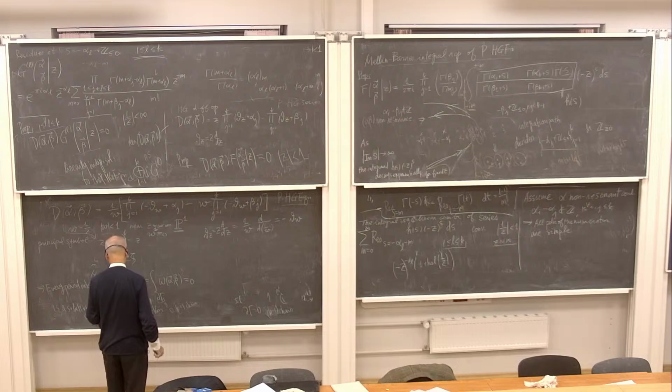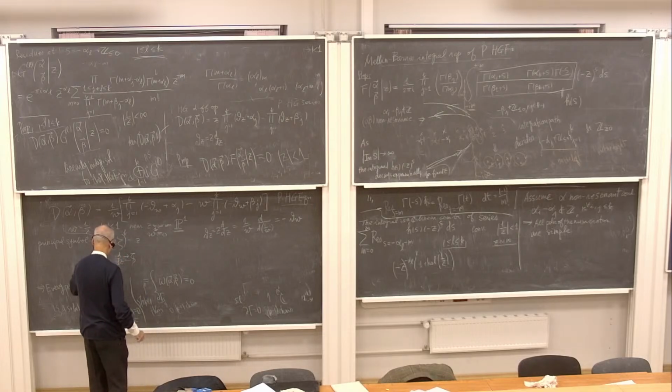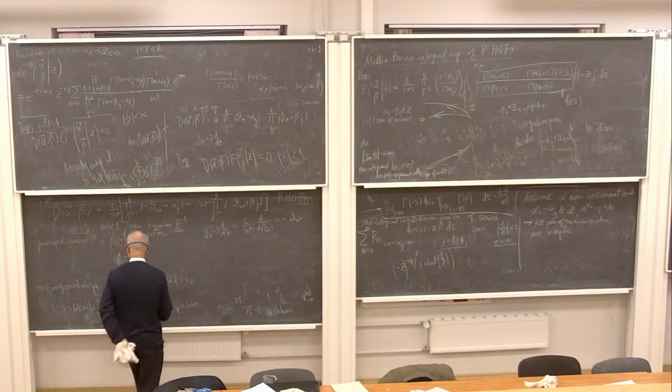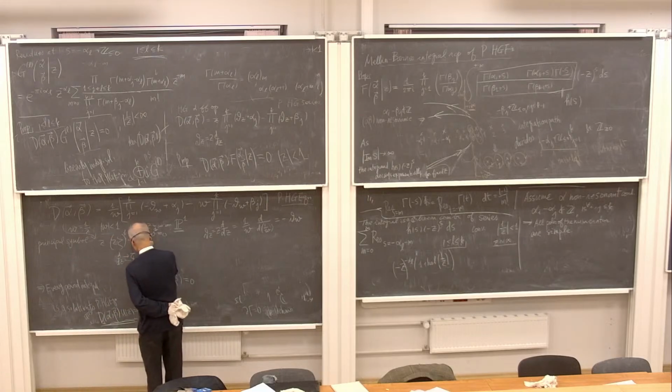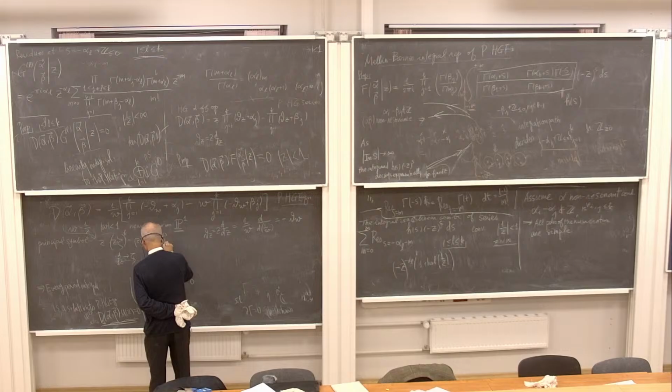turning to zeta after a Fourier or Laplace transform, has this form: z to the power k times (z minus 1) to the power k.